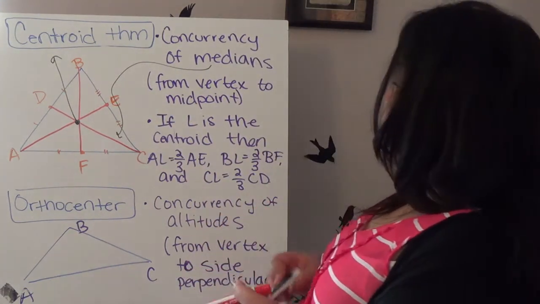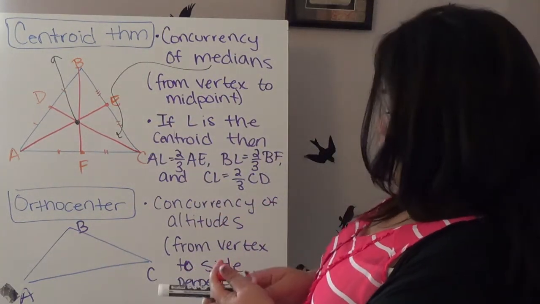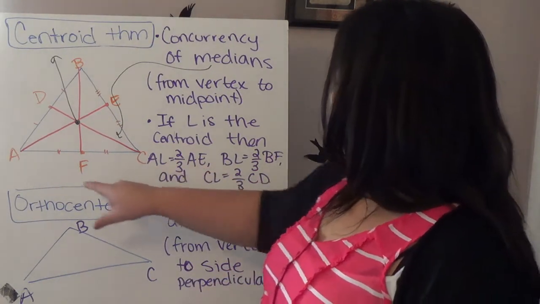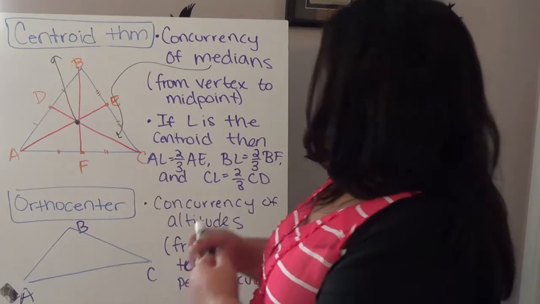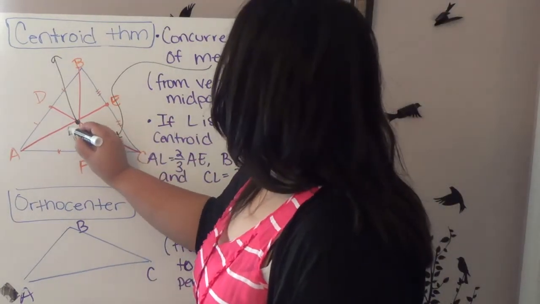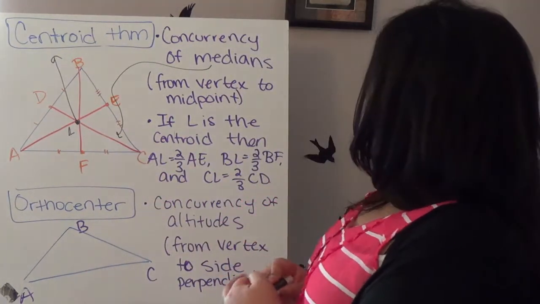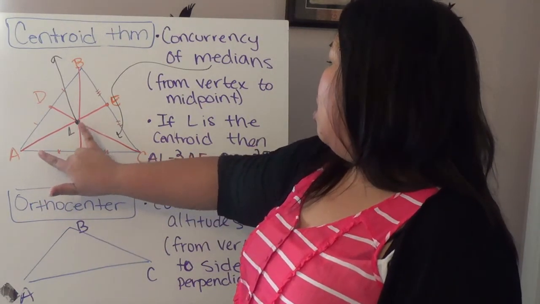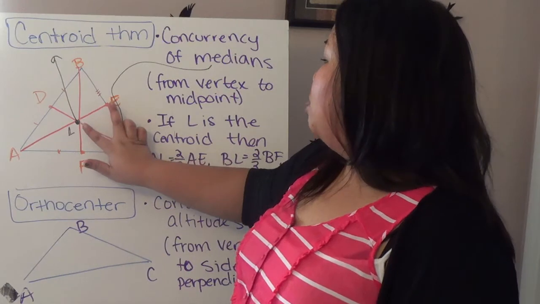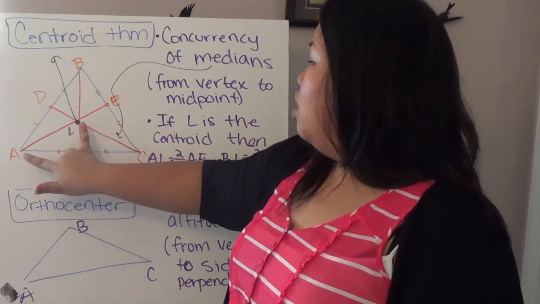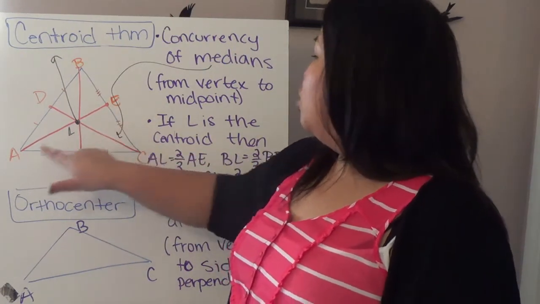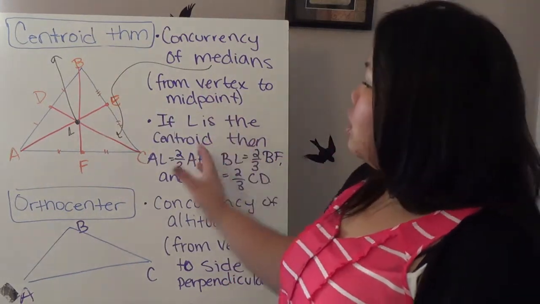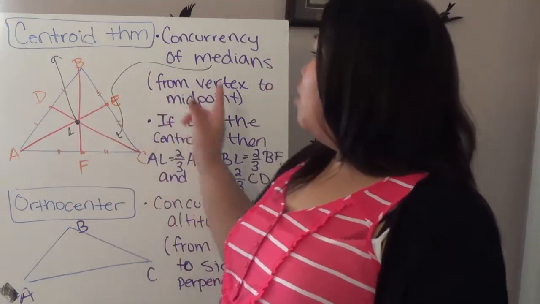And it tells me here that when I do that, I cut this and, let's call this L. They want L to be the centroid. And so basically this long part, this short part, if you multiply that by 2/3, you get this part. So this is 3 times larger than this part right here. And this is important because sometimes they'll give you one side, but they won't give you the other, and that's what you need to find.